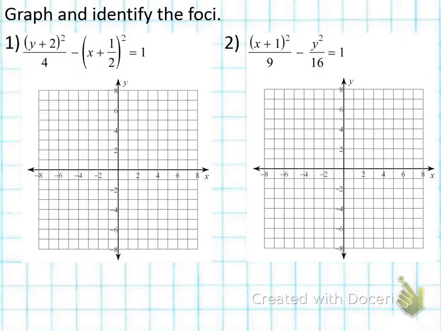Okay? So number one, we have (y plus 2) squared over 4 minus (x plus 1/2) squared equal to 1. The first thing we want to figure out is whether it is major x or major y. Since our y term is in the front and it's positive, it's going to be major y. Then for our center, we look at the x term first.